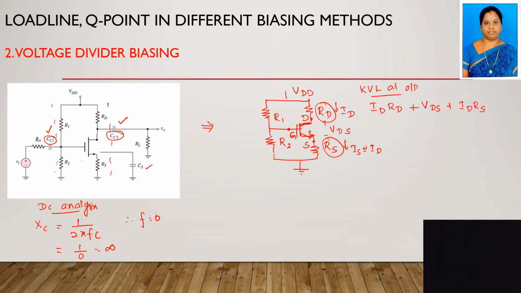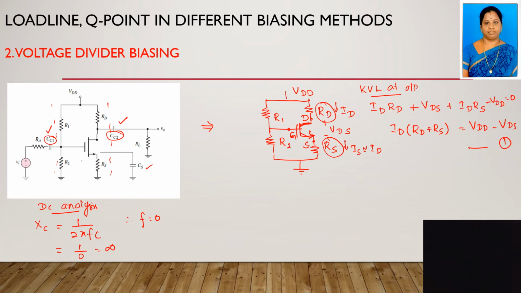Then here it is ground, and with VDD the circuit closes here, so you get minus VDD equal to 0. From this equation, grouping ID common outside: ID into RD plus RS equals VDD minus VDS. Consider this the first equation.